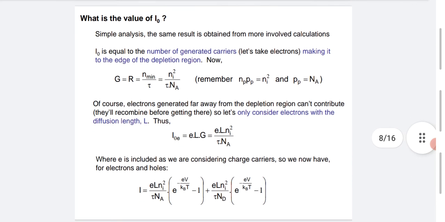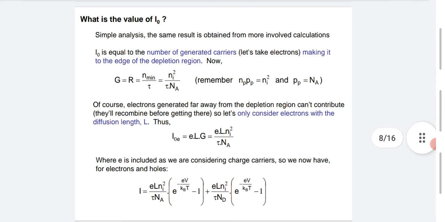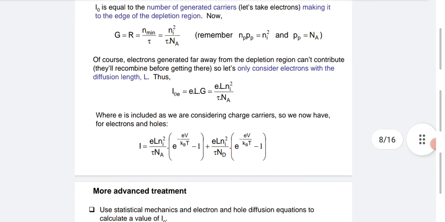What is the value of I0? With a simple analysis, the same result is obtained as from more involved calculations. So by using this, here we will get the equation for G, then the equation for current.